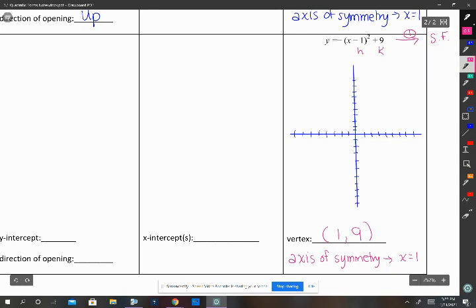Okay, so we know our vertex point is at (1, 9), and we know that we have an axis of symmetry at x equals 1. So this is my axis of symmetry, and I know that my vertex point is at (1, 9). 1, 2, 3, 4, 5, 6, 7, 8, 9. I think 9's here. All right, and then we're going to move over and go to standard form.